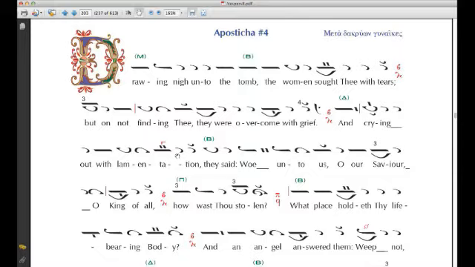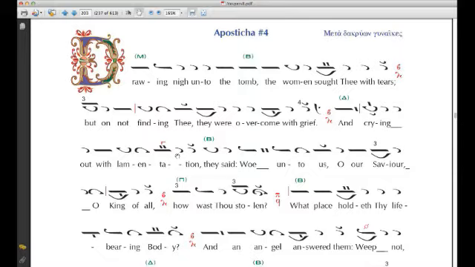Legatos. Drawing nigh unto the tomb, the women sought thee with tears, but on not finding thee, they were overcome with grief. And crying out with lamentation, they said, Woe unto us, O our Saviour, O King of all! How wast thou stolen?